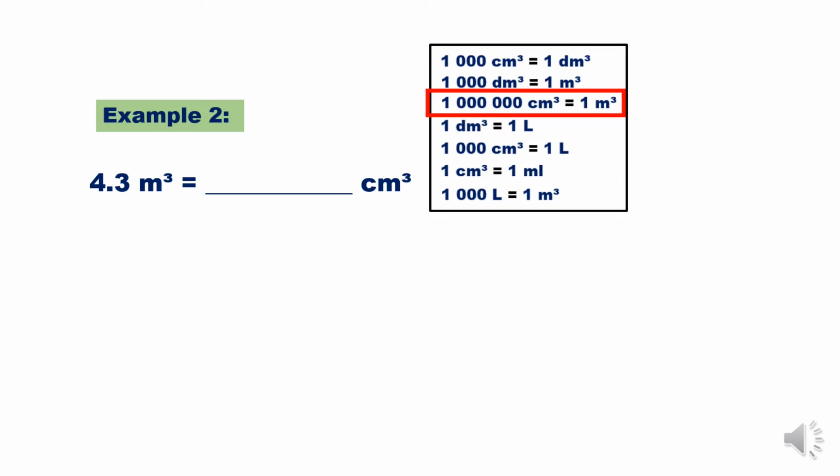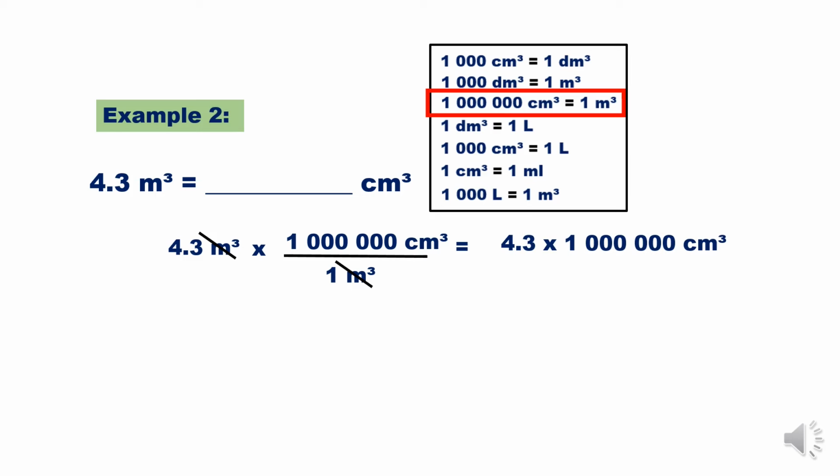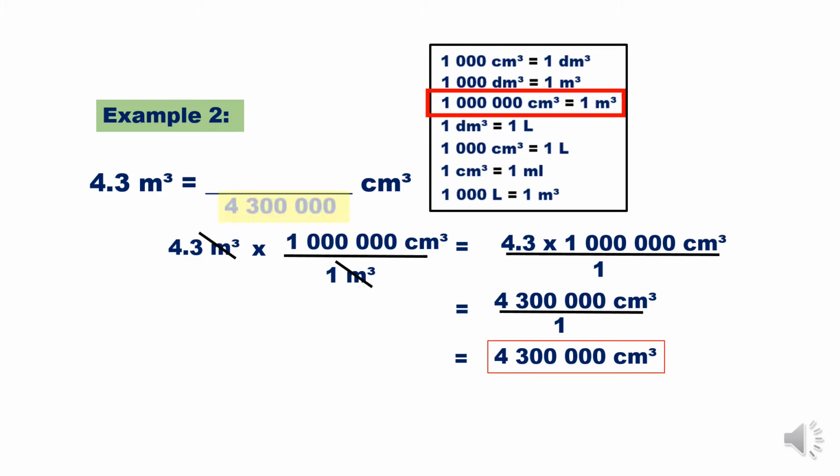Yes. So, we multiply by the conversion. This time, the one at the bottom, or the denominator, is cubic meter so that we can cancel. So, we will multiply 4.3 times 1 million cubic centimeter over 1. Let's multiply 4,300,000 cubic centimeter divided by 1, same as 4,300,000 cubic centimeter. And that is the answer.